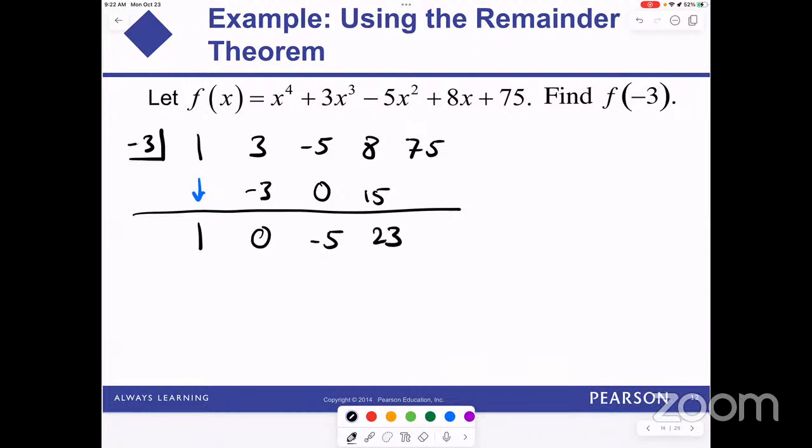We multiply 69, and then 6 is our remainder. Let's try this one more time. f of negative 3 is going to be equal to our remainder, which is 6.